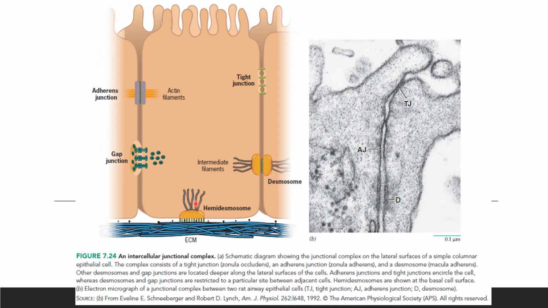What links your cells to other cells? You have what we call your desmosomes and intermediate filaments. You also have the adherens junctions. You also have the gap junctions, which is the site where the signals are transferred from one cell to another, and also you have the tight junctions. Okay.